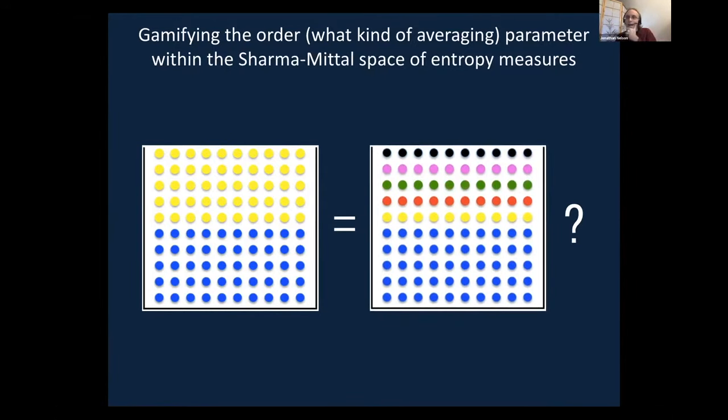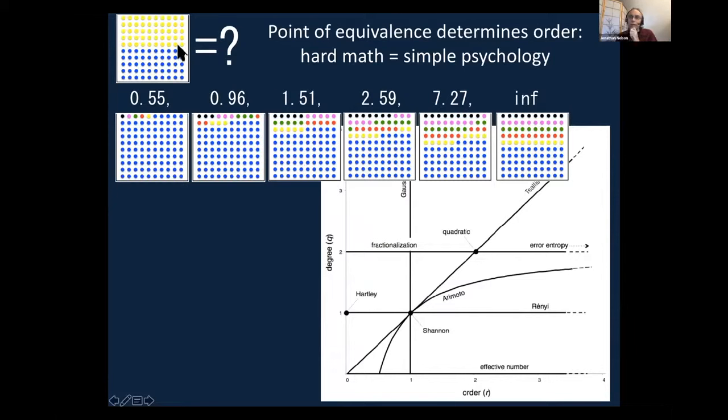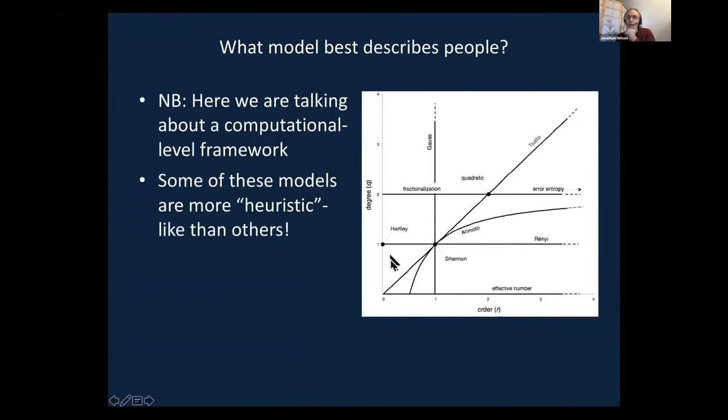We could use whatever technique to figure out which of these cases you feel is equivalent to the 50-50 case at top. Once we figure that out, we can map you theoretically to the horizontal axis of this space here. So that's one of the things that we're looking at in this work.